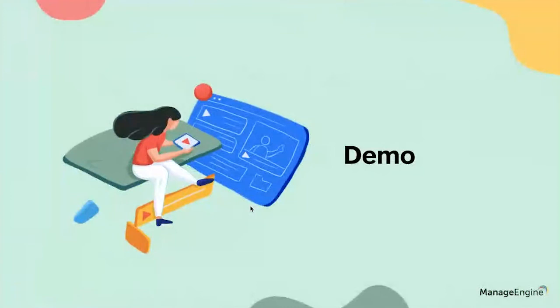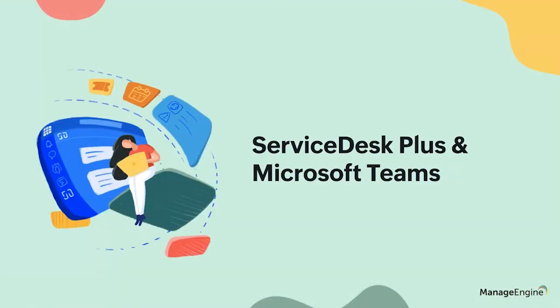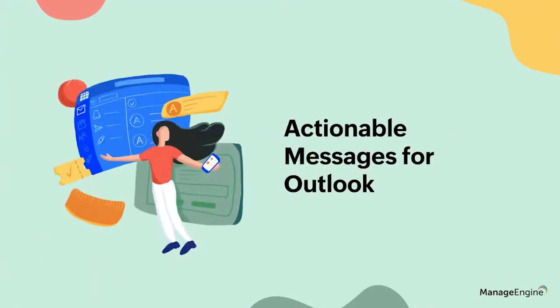Let me just give you a quick recap of what we saw just now throughout the session. First of all, we saw the Microsoft Teams application, and we saw the integration and how it works, how you can perform various ticket actions right from your Microsoft Teams chat window. And next up, we saw actionable messages for Outlook.